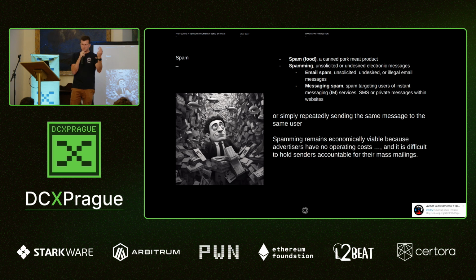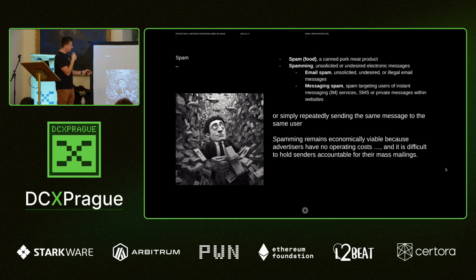So you can keep spamming although you have been banned, because you can create a new identity. And it's difficult to hold senders accountable for the mass mailing, especially in a peer-to-peer, privacy-preserving, decentralized network, because if there is no global state of identities, it's very easy to create a new identity, and then it's very hard to keep you accountable for that.